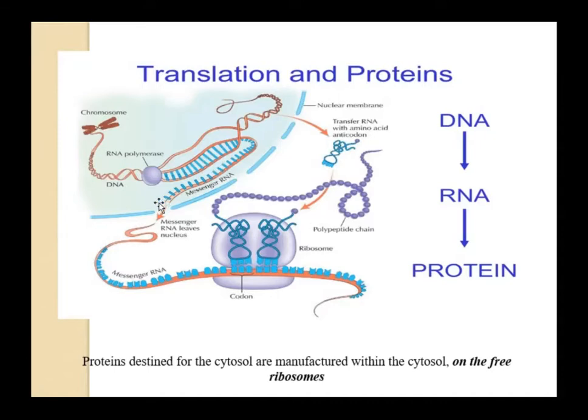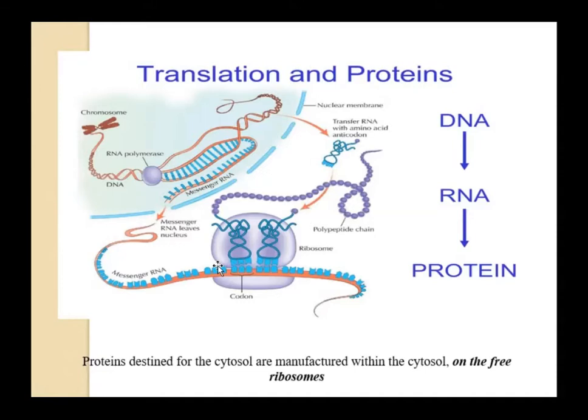The messenger RNA then leaves the nucleus and enters the cytoplasm, and here we can see the chain of messenger RNA, which contains a sequence of codons, these three constitutive nucleotides. They form codons, and we know that each codon is the code, the information, about one amino acid.